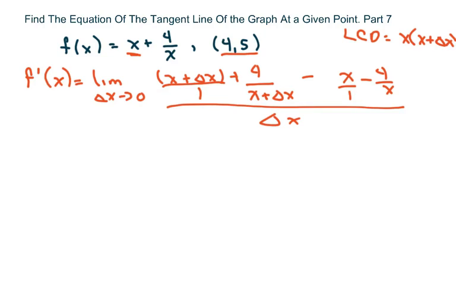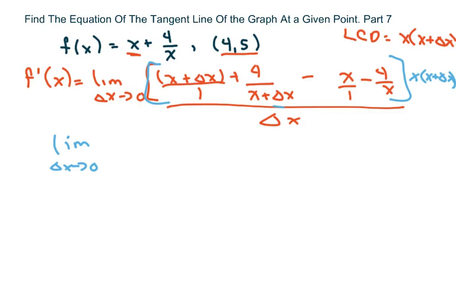So what I'm going to do is just multiply this whole thing by my common denominator. By keeping the common denominator, so that's going to be the limit as delta x approaches 0, and then you're just going to multiply all this out.